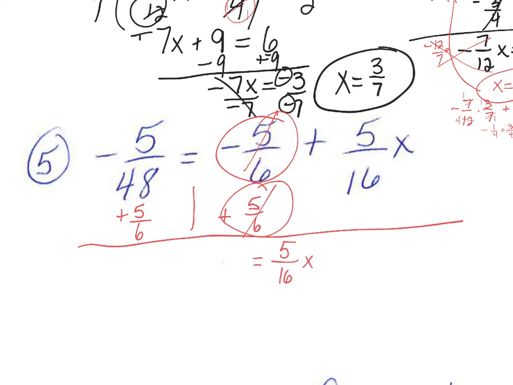What's the common denominator between 48 and 6? 48. So what do I take 6 times to get 48? 8. So 5 times 8 is? 40. So now we can combine them, right? We get negative, no, positive 35 over 48. Correct?